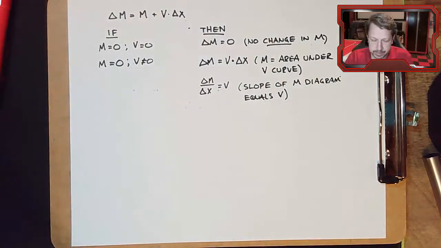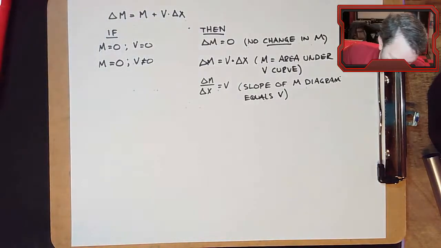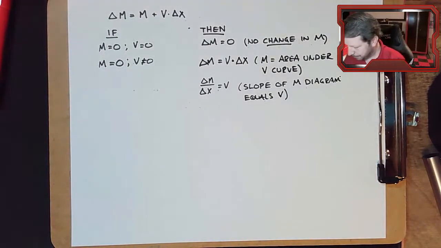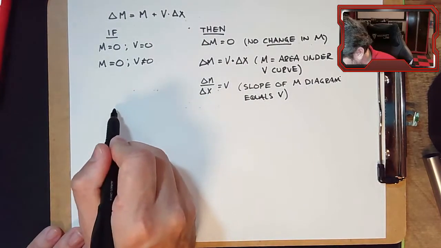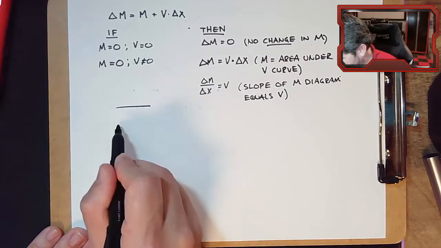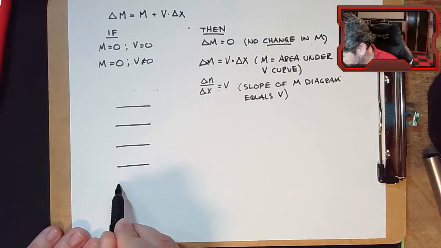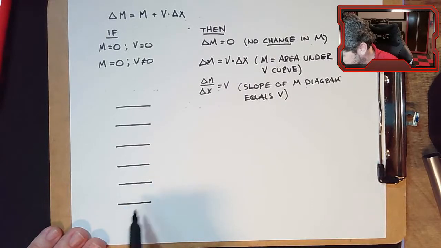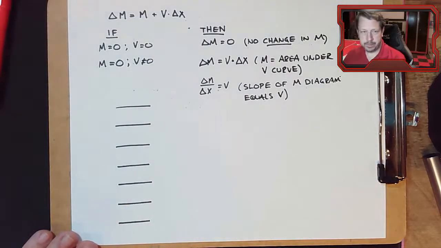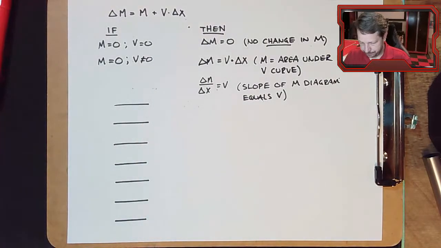Now there's lots of different things that might happen here. So there's 1, 2, 3, 4, 5, 6, 7 different cases, I guess. So let's describe them all. All right, these are my shear force equals 0 lines.